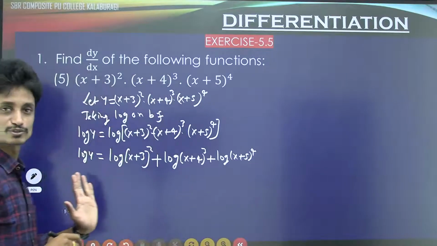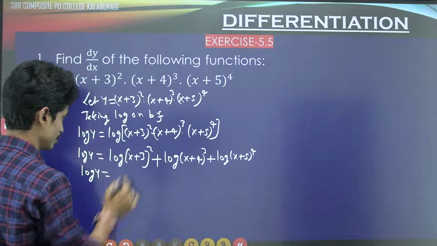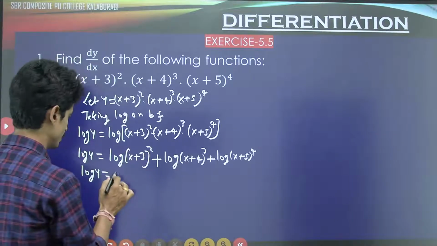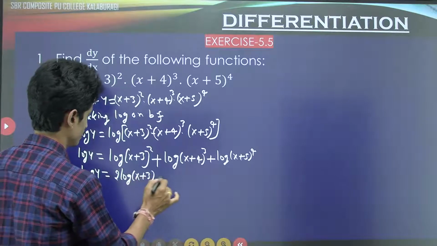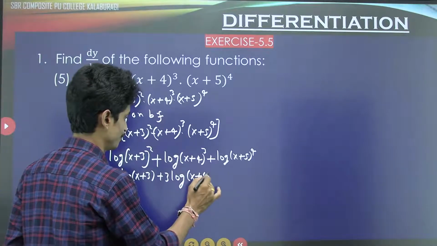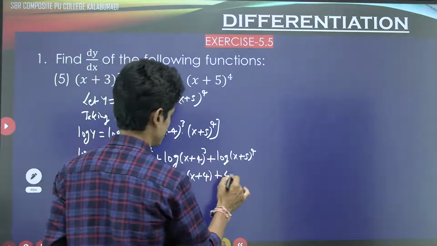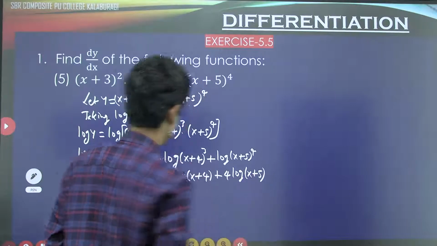Just according to the logarithm. Now, log of a power n is n log a. So 2 times log of x plus 3, 3 times log of x plus 4, 4 times log of x plus 5. It's clear.